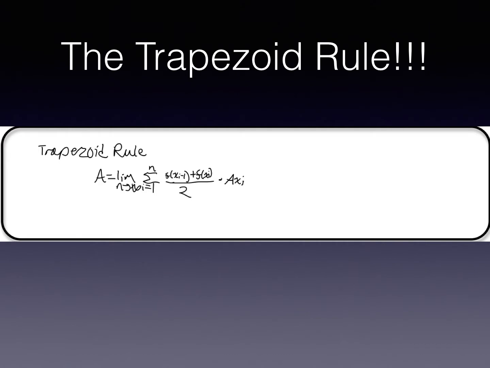This is known as the trapezoid rule, which is the area equals the limit as n approaches infinity of the summation from i equals 1 to n of f of x sub i minus 1 plus f of x sub i over 2 times delta x sub i.